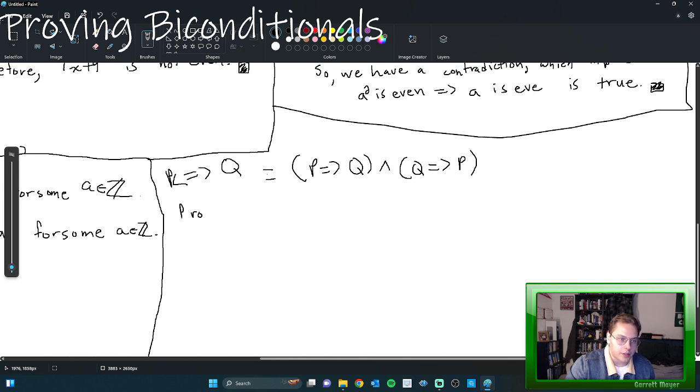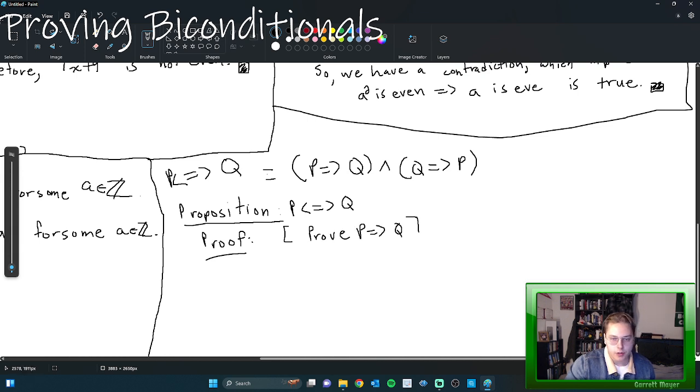So the outline for this is this. So you have the proposition, and then the proof would be: prove if P then Q, and you can use contrapositive, you can use contradiction, you can use direct.